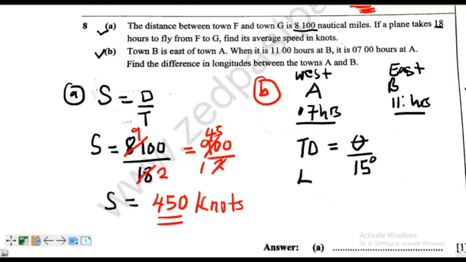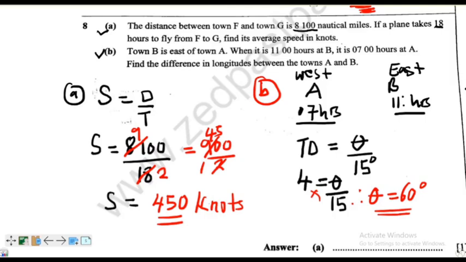We get a 4, which will be equal to theta over 15. So we want to find the value of theta, so we just have to multiply. Therefore, theta is equal to 4 times 15, which will give us 60 degrees. So this is the difference in longitudes between town A and B.